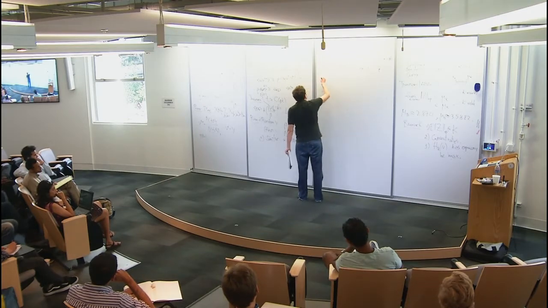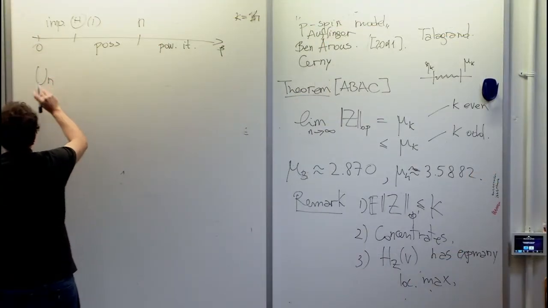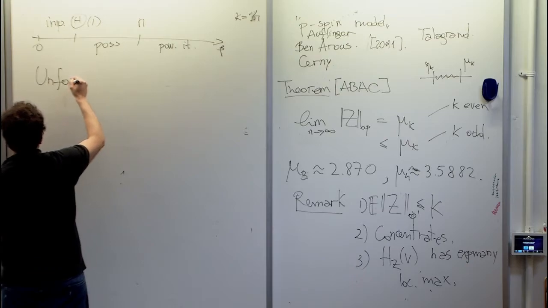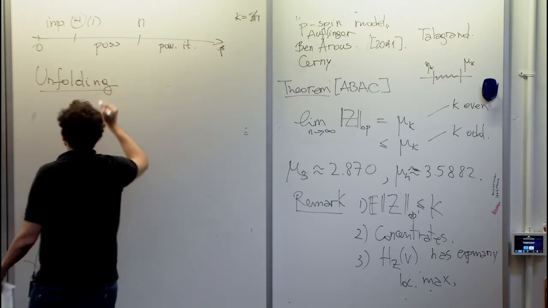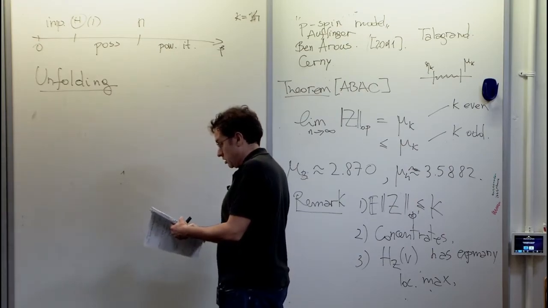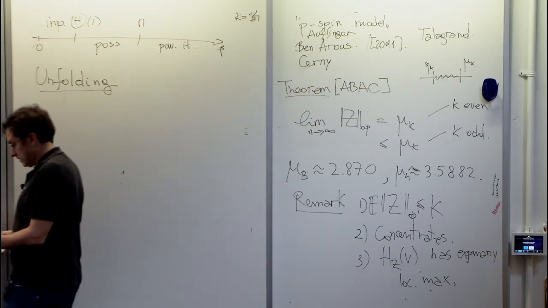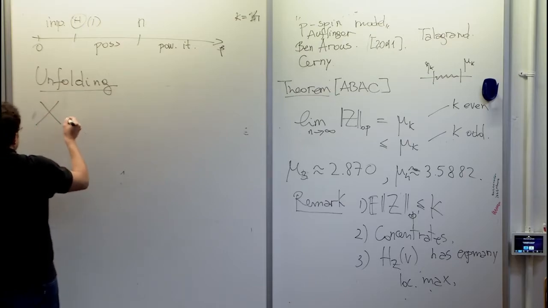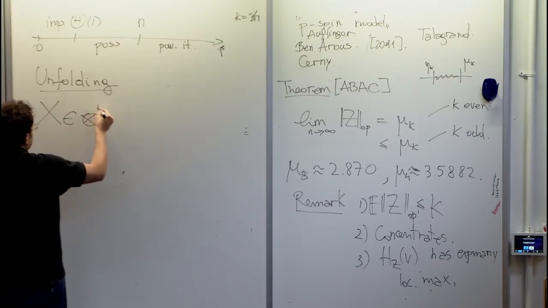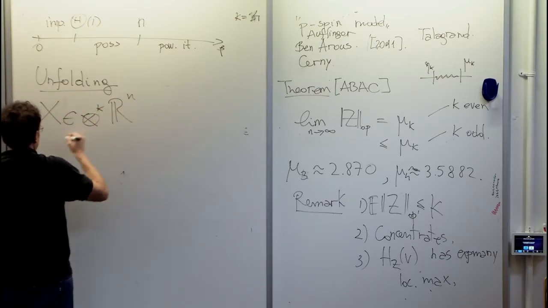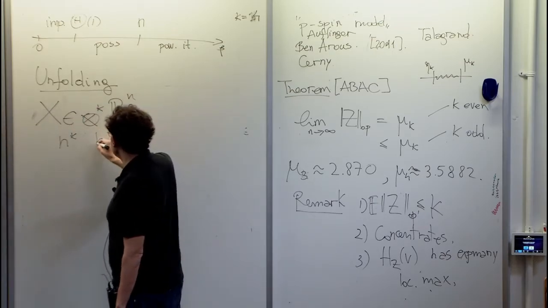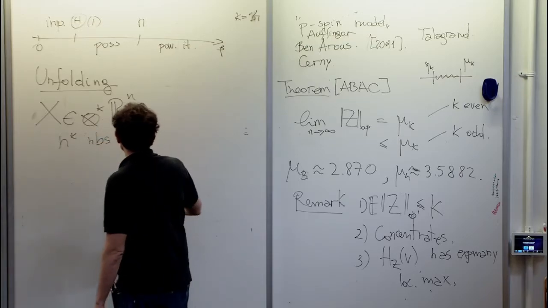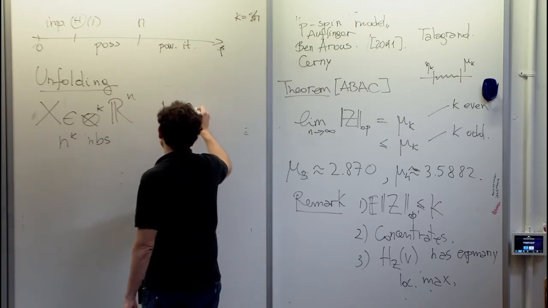Okay, so there is another idea. This is an excellent idea, but there is another idea that I think is related. It is unfolding. This also appears in the literature. So what is the idea here? X is a tensor of order k. So this corresponds basically to n to the k numbers. Right, so I make a matrix out of it.